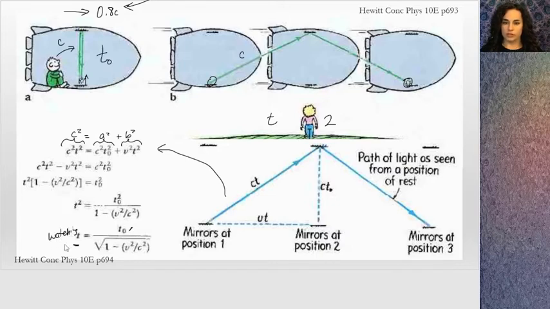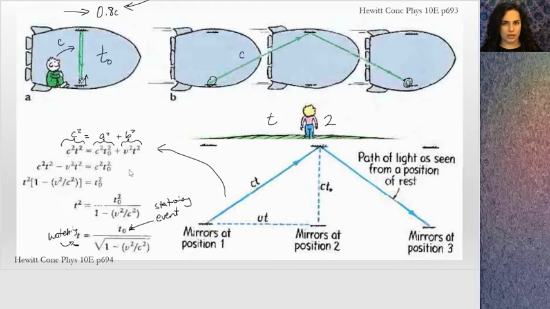This is the watching frame, the time in the watching frame, and this is the time in the frame where the event is actually happening. So this is where the event is. Stationary with respect to the event. And so this is the equation we get. It's a very simple sort of derivation.